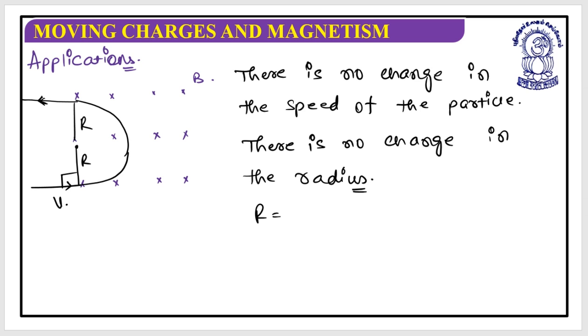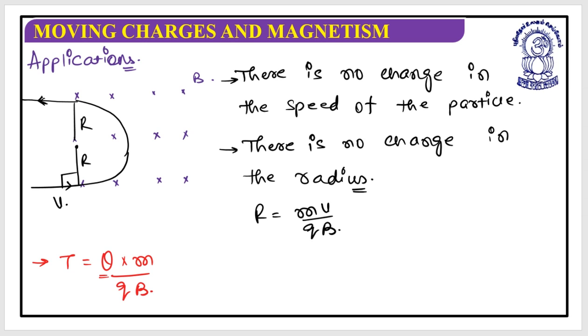So we can write like this, R is equal to mv by qB. But there is no change in the speed, so there is no change in the radius. But what about the time period? Yes, it must have changed. What is it? The time period is equal to theta into m by qB.